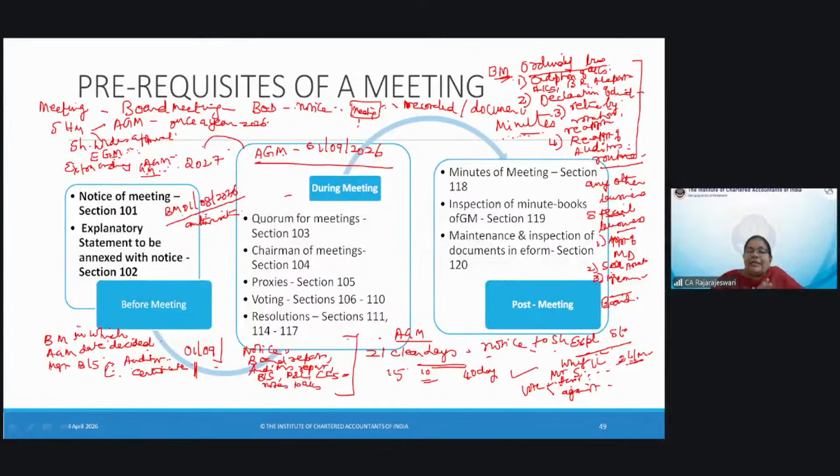If a special business is there, then the company also has to attach the explanatory statement. It should be attached along with the notice, and when you send it to the shareholder, you should also send the explanatory statement.